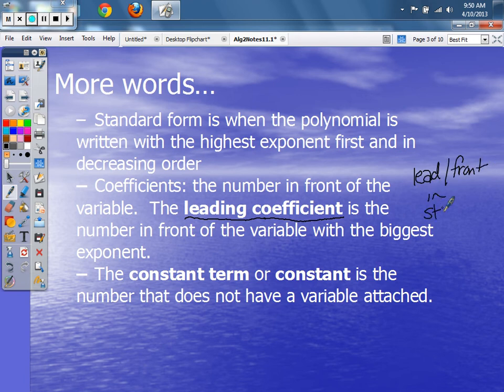And we like them in standard form whenever possible, so that's why they call it the leading coefficient. And the constant term, or just the constant, is just the number at the end. There's no variable. That's important because it tells us a lot about our y-intercept.